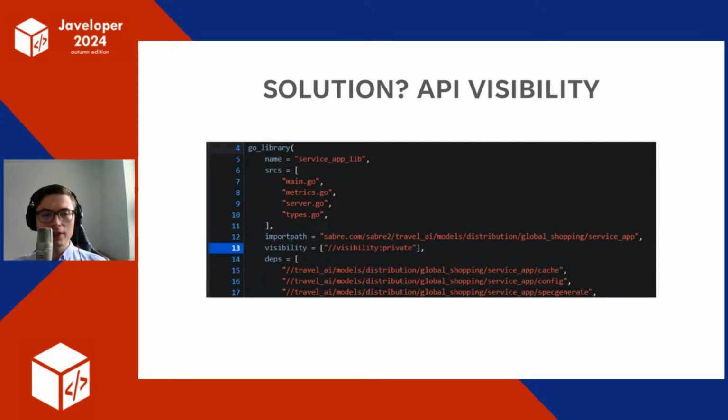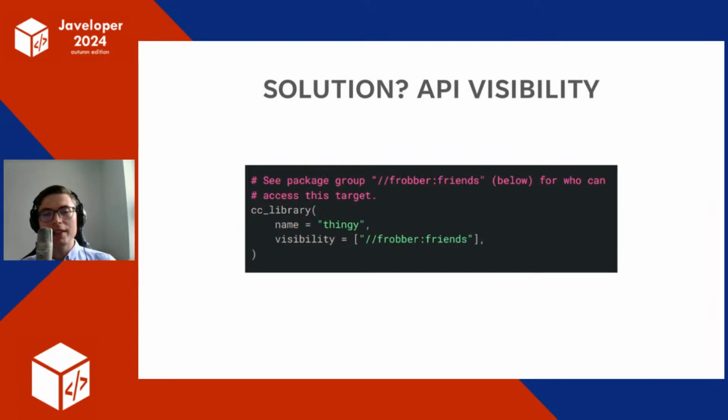So like we can see on the screen, we can specify that, hey, for this particular package, I want the visibility to be private. I don't want anyone to depend or consume this library. Or if there is a certain group of people that we allow to use our library, we can specify in this kind of fashion.